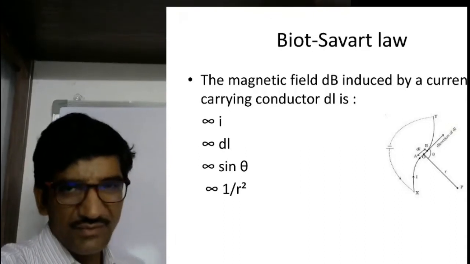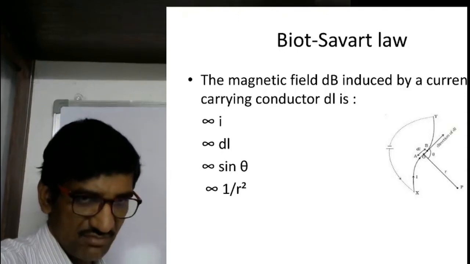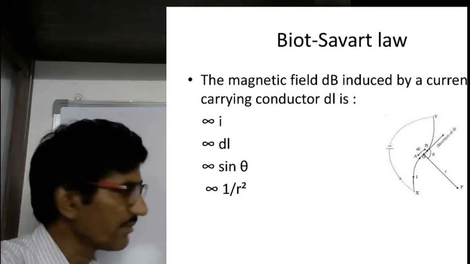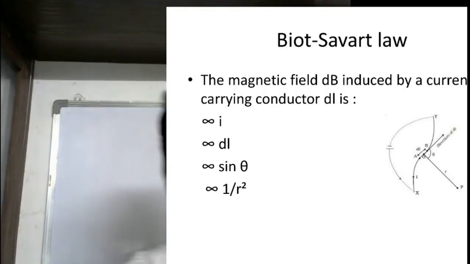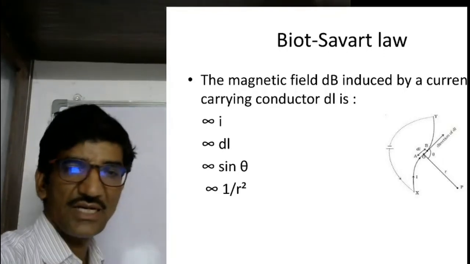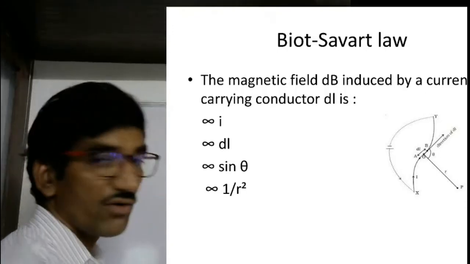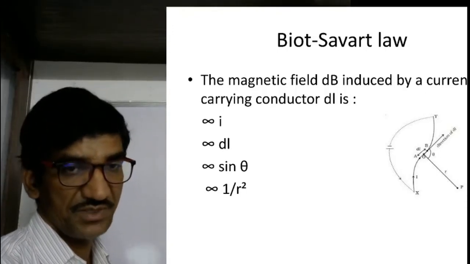Suppose that you are making a very long conductor that may be in any shape, an arbitrary conductor, that need not be a straight conductor. The Biot-Savart law applies for an arbitrary conductor, whatever may be the shape, curved shape.